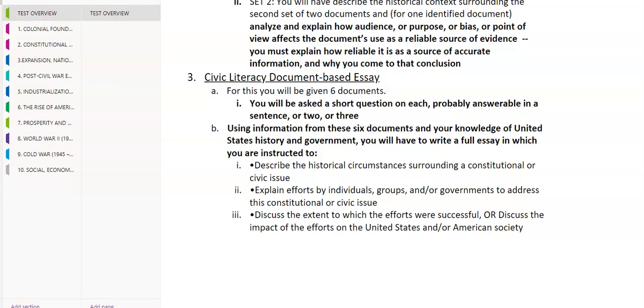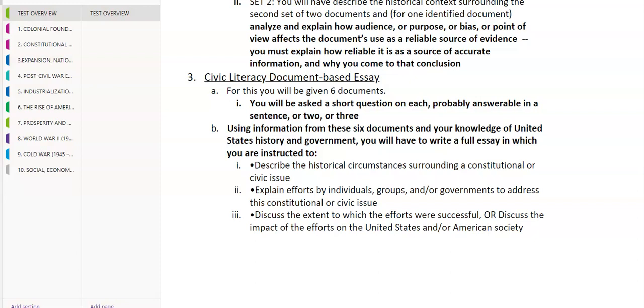So you'll have to figure out, what do all of these 6 documents, what are they all about? They may not be from the same time period. You may get a document that has to do with the civil rights struggle in the 1950s and 60s, and a document from Booker T. Washington or W.E.B. Du Bois from around 1900, and a document from the early 1800s referring to the slave trade.